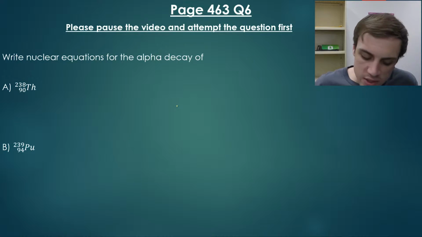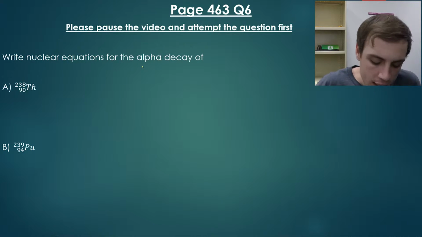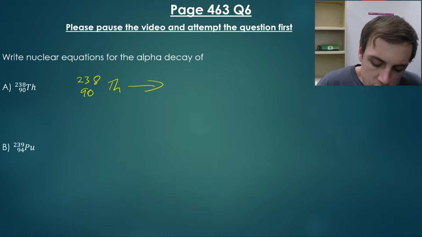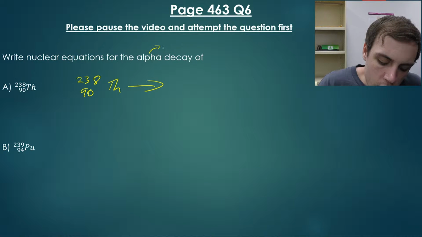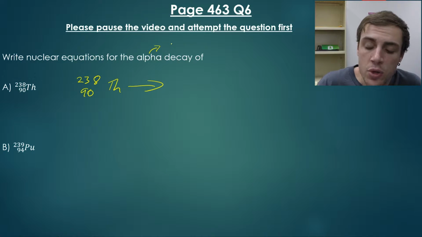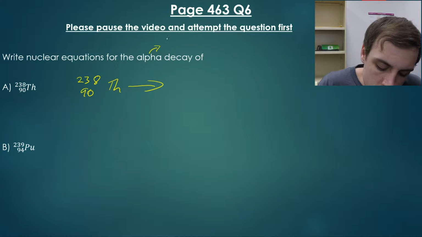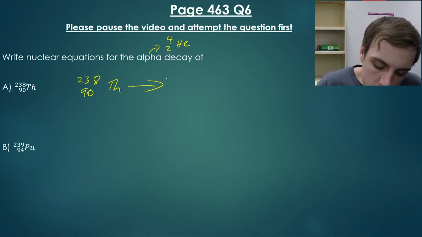Okay, so the first question says, write the nuclear equation for the alpha decay. So we know it's alpha decay. So straight away when we see alpha decay, we know that it is a helium nucleus. So if you look on the periodic table, it is 4, 2, helium. So that's what it represents. So I'm going to write that in here.